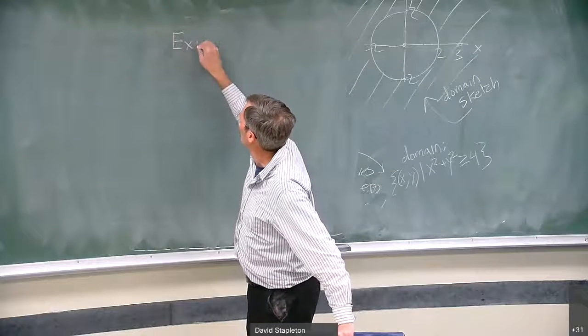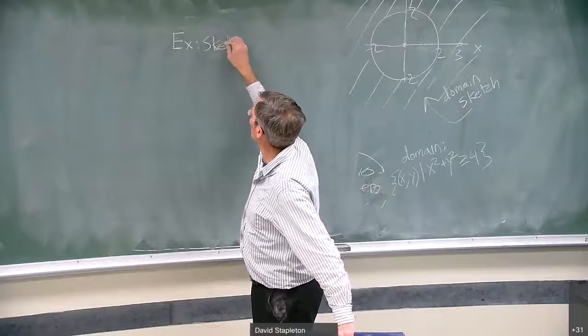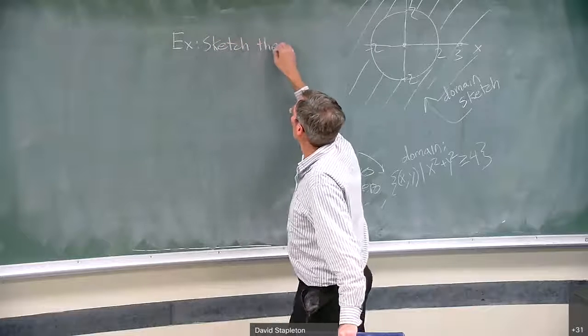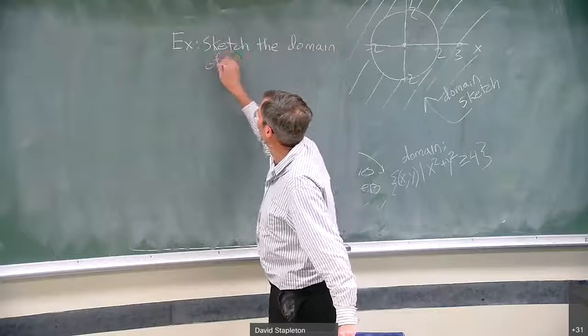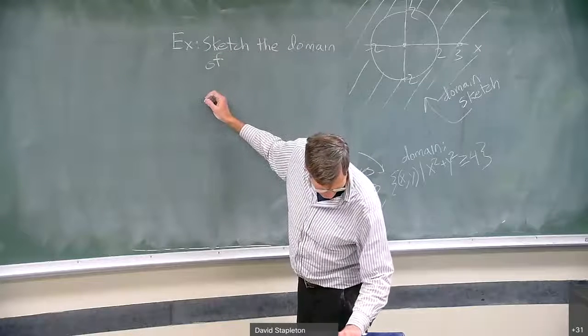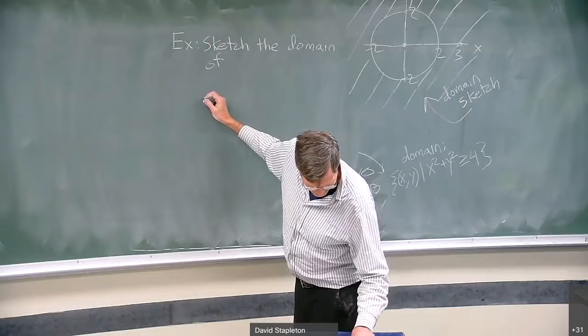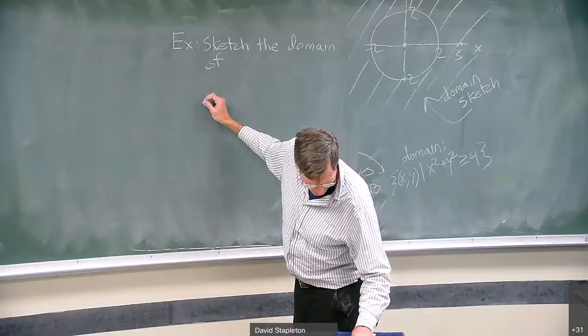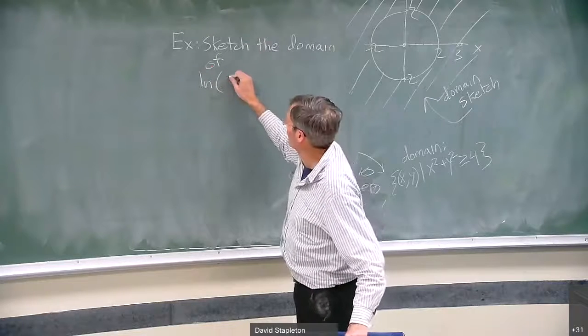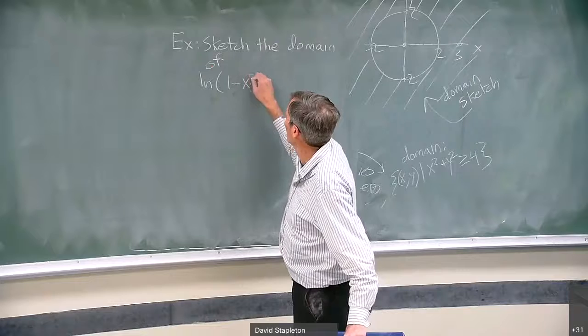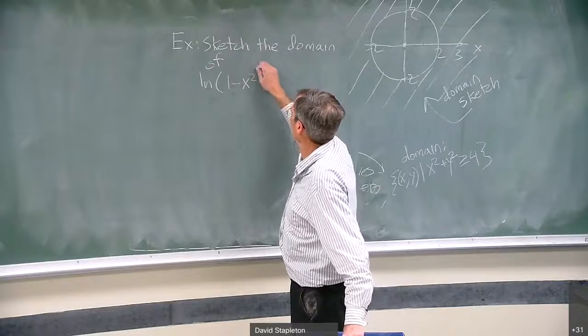Example, sketch the domain of this function: ln of 1 minus x squared minus y squared. Actually, I'm going to change it: ln of 1 minus x squared.